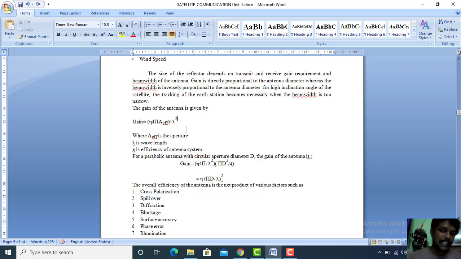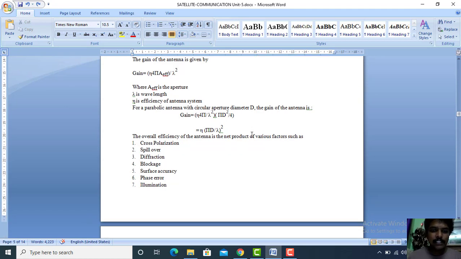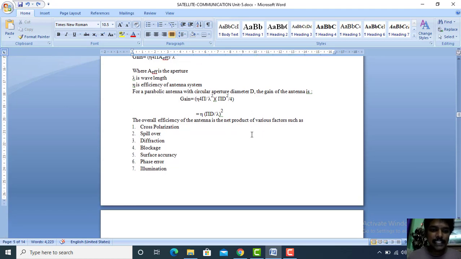So in a circle, if you cover only half of the area, that is what you need to identify. These give you the gain equations of a parabolic antenna.